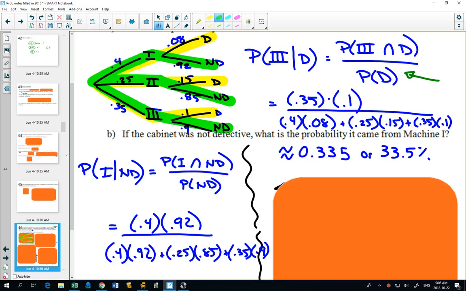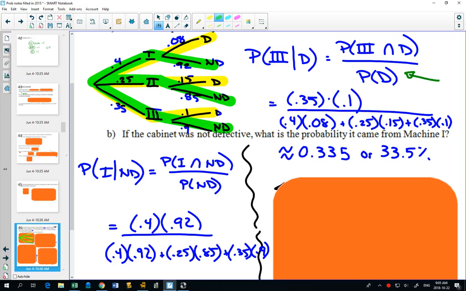So can you see with a tree diagram, to figure out the probability of both of those events together, you're just multiplying the probabilities on each of the branches. So machine 1 and not defective, I'm taking the 0.4 on machine 1 and the 0.92 on not defective, and that's the probability of machine 1 and not defective.